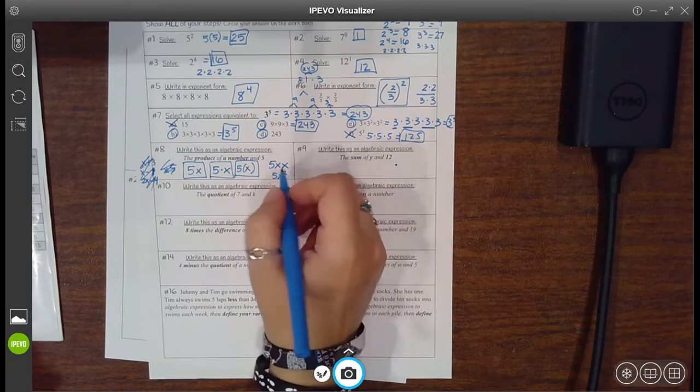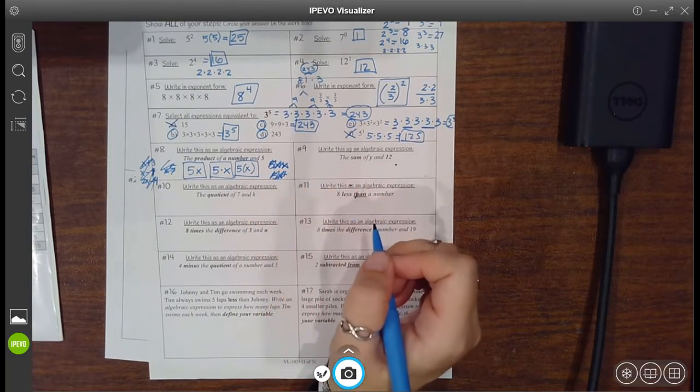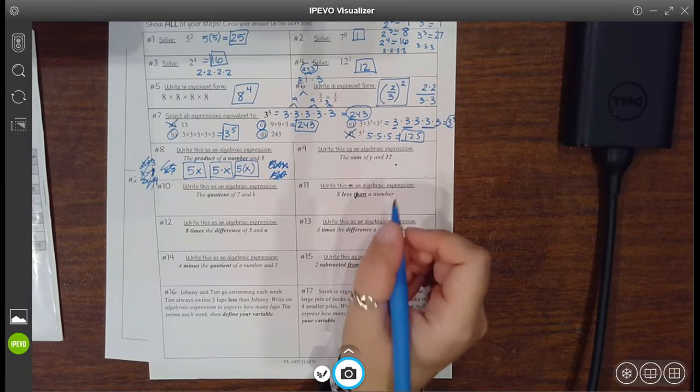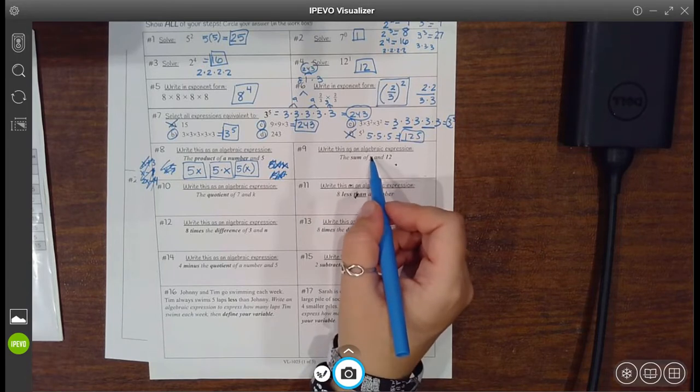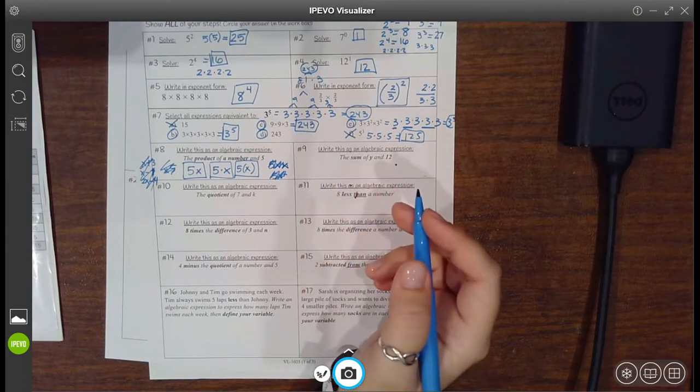Totally not the same thing. So we want to get away from writing an x to represent multiplication, because now x's are standing in place of variables. Now, if they say a specific variable to use, like here, a y, then use a y. If they don't specify a variable, then use whatever variable you want.